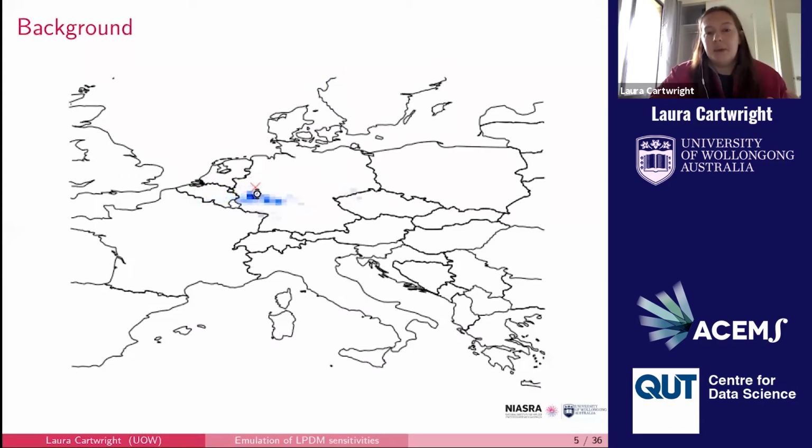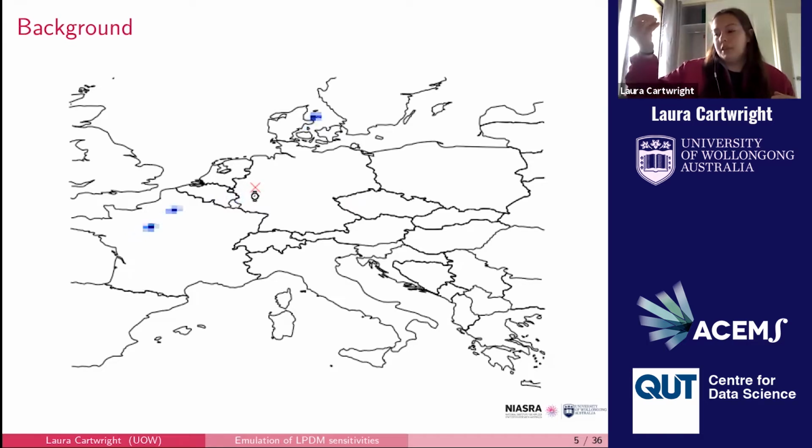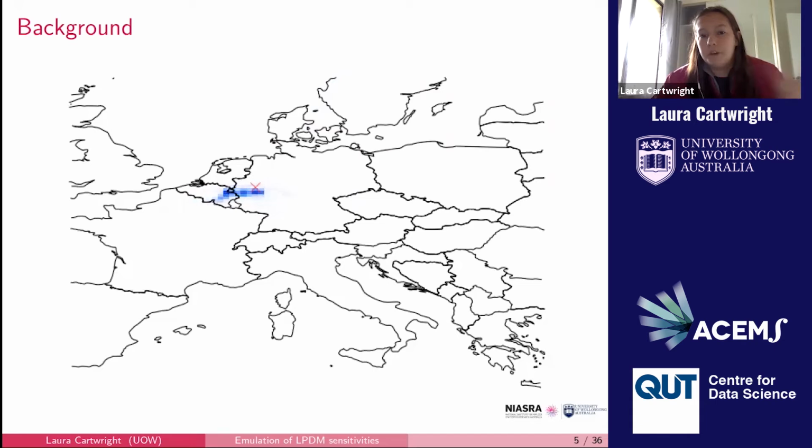As they pass over X, you look at the observed concentration that you've taken from the real world, and you match up your modeled estimate, and that's how you estimate your flux.